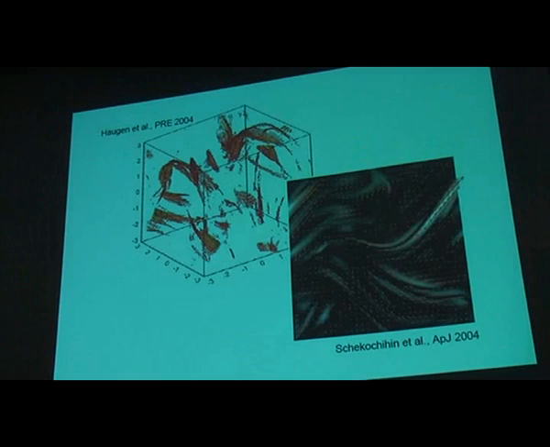So these are examples of magnetic structures obtained in numerical simulations by Niels Haugen, Wolfgang Dobler, Axel Brandenburg, Alex Schekochihin and Steve Cowley. These are the structures you normally observe in those simulations. So, do we see what we expected or do we not? Is the thickness of these structures, obviously there are thin structures here, as thick as expected or not?